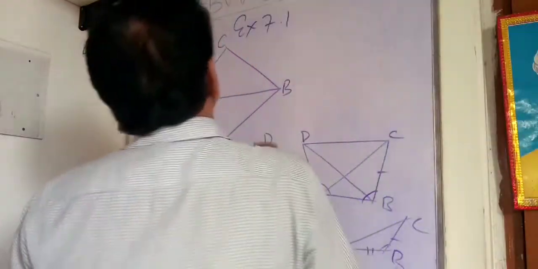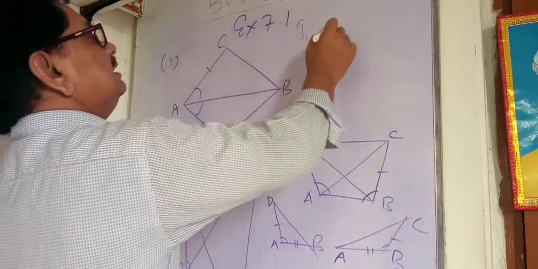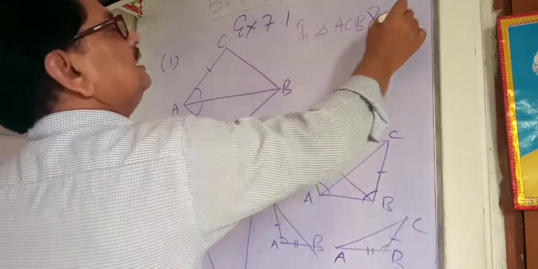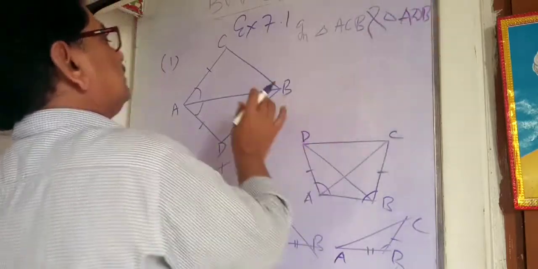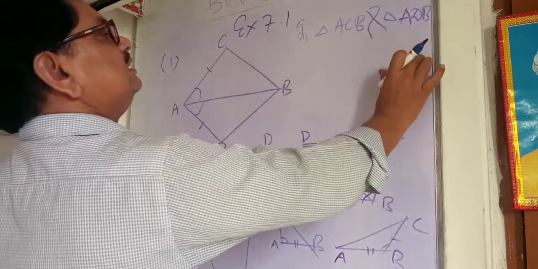So we will write like this here. In triangle ACB and triangle ADB, we will write ACB's portion here and ADB's portion here.